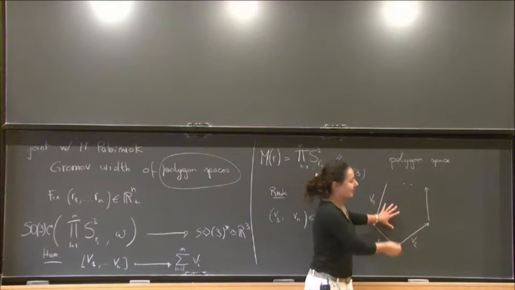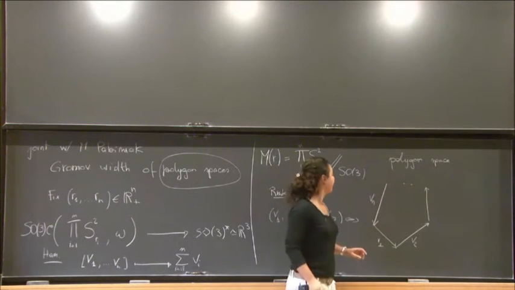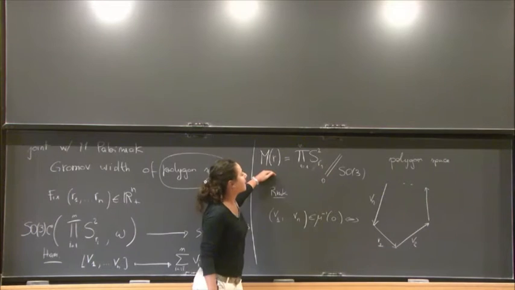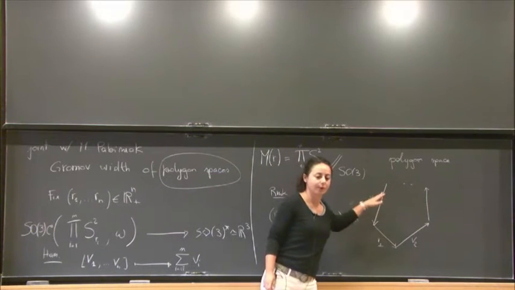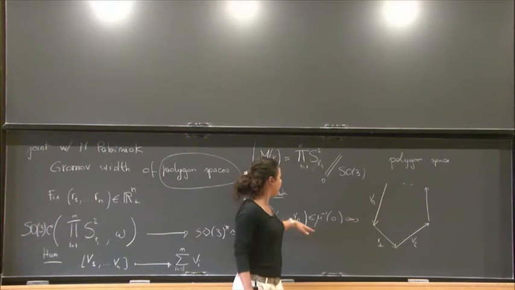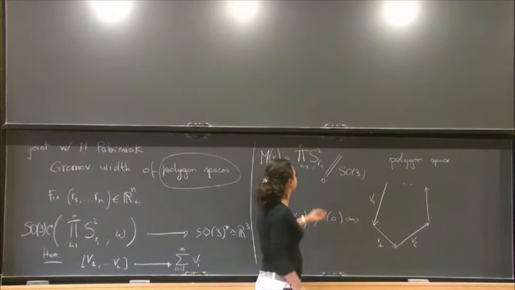You should imagine this in R3. Okay? So in fact, this space is the moduli space of all such closed configurations, modulo translations and rotations.